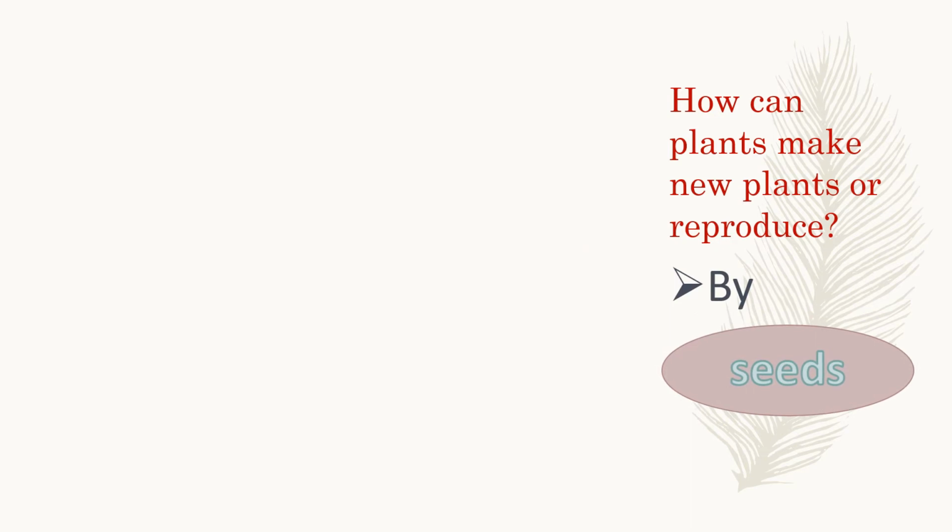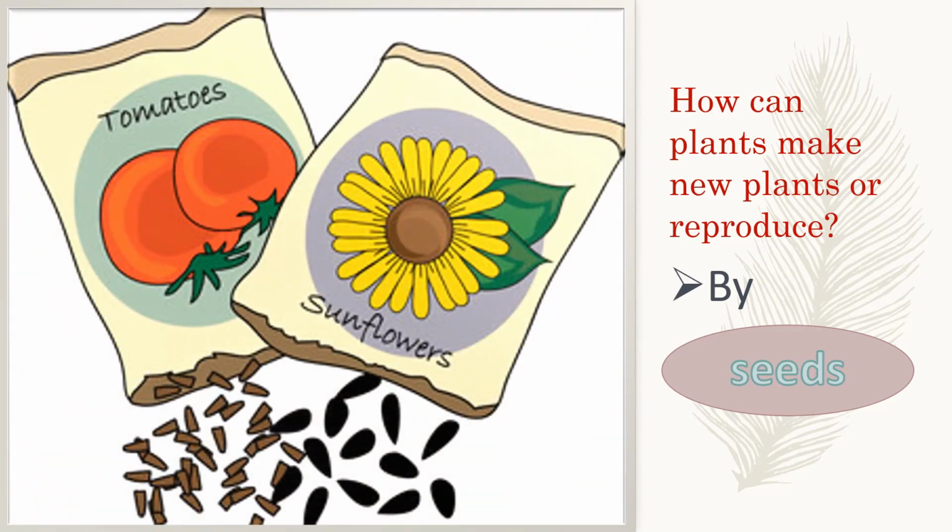So plants can make new plants by seeds. Can you see here? These are small particles called seeds. So how can plants make new plants or reproduce? By seeds.